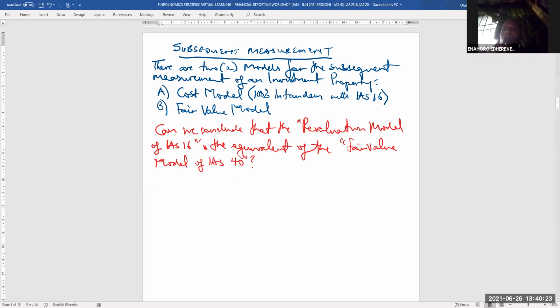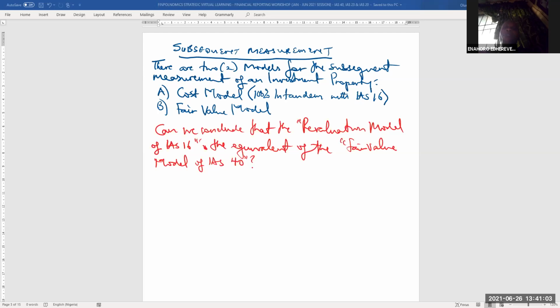For me, I will say revaluation model, yes, of course, they are the same thing, it's just a different version because there are two different standards. The fair value model for IAS 40 accommodates any appreciation in the assets, which you take to your P&L.